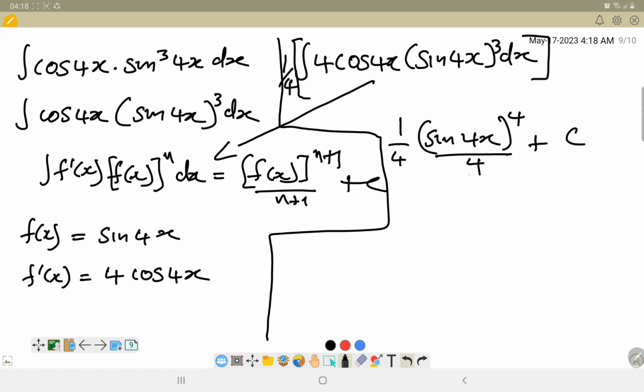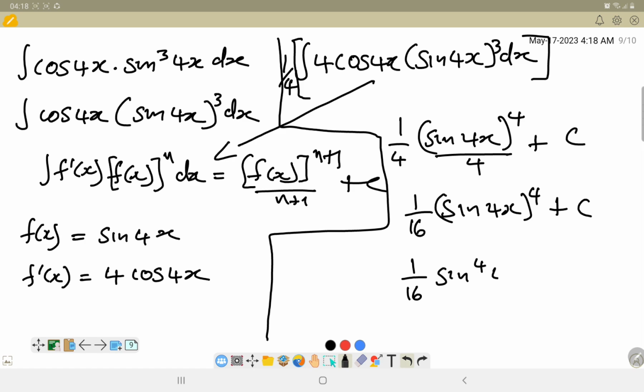Then 4 times 4 is 16. We end up having 1 over 16 sine 4x to the power 4 plus c, which we can also rewrite as 1 over 16 sine to the power 4 of 4x plus c.